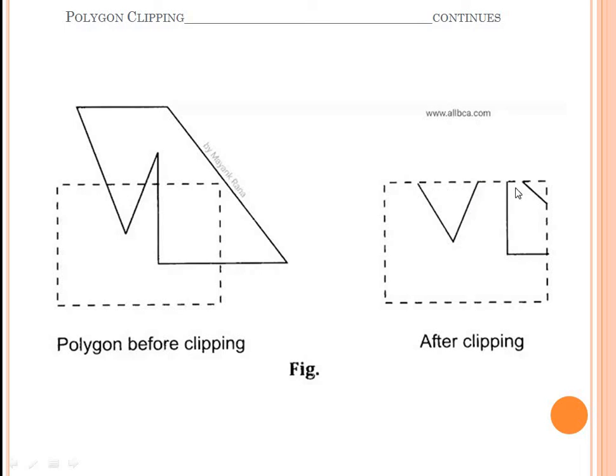This part is open, so here we do not call it a polygon. To complete that polygon we need to add a line in this portion.